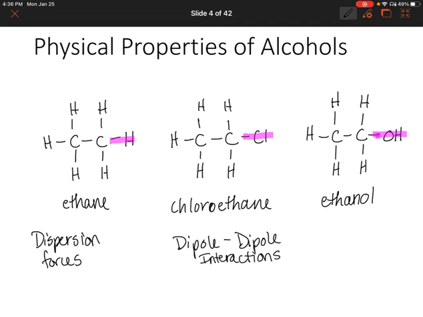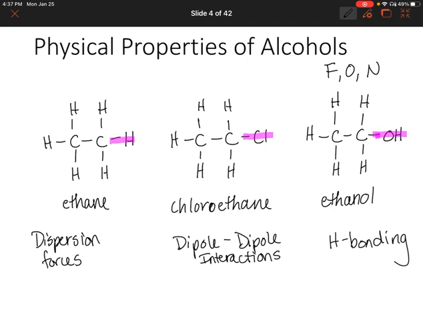And finally, let's look at ethanol. Would ethanol molecules be held together by dispersion forces, dipole-dipole interactions, or hydrogen bonding? Hydrogen bonding. Remember, hydrogen bonding occurs if you have a hydrogen bonded to either fluorine, oxygen, or nitrogen. So I like to say hold the phone, F-O-N, to remember that one.